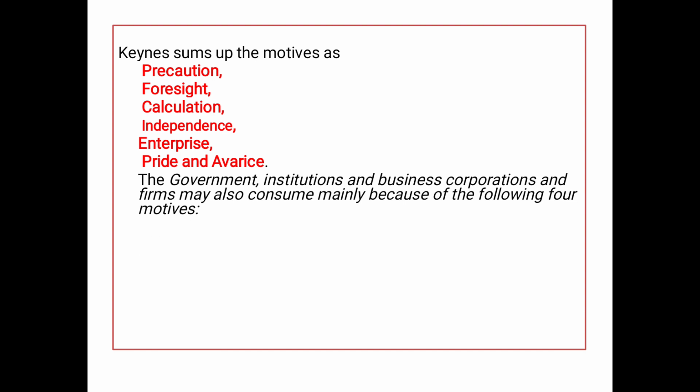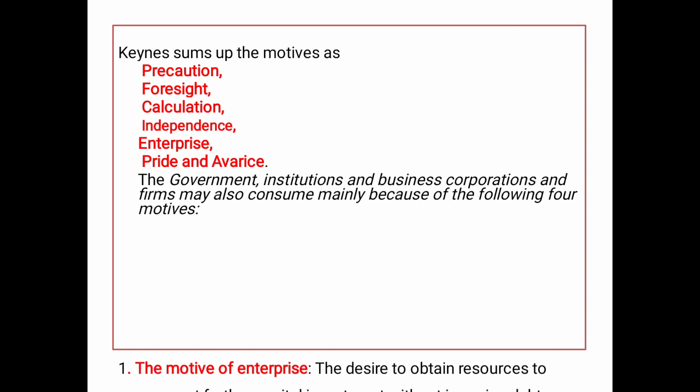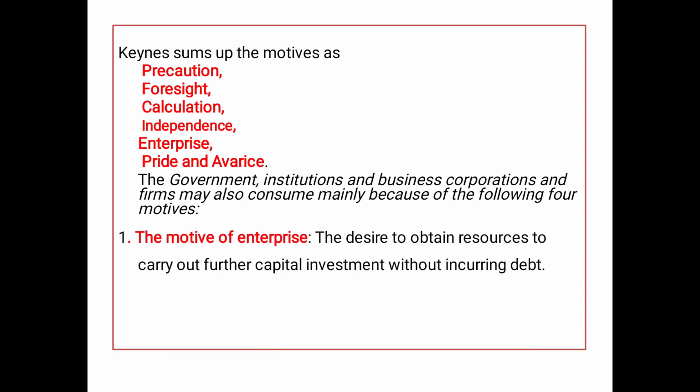The government institutions, business corporations and firms may also save mainly because of the following four motives. The first one is the motive of enterprise: the desire to obtain the resources to carry out future capital investment without incurring debt. Suppose an enterprise does not want to incur debt.